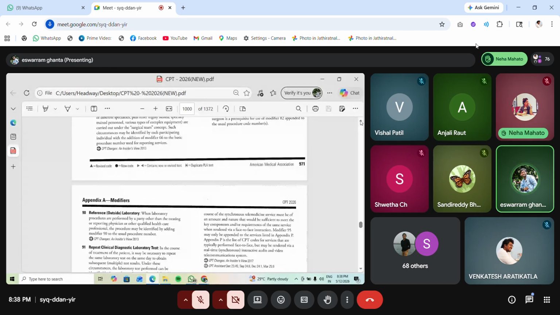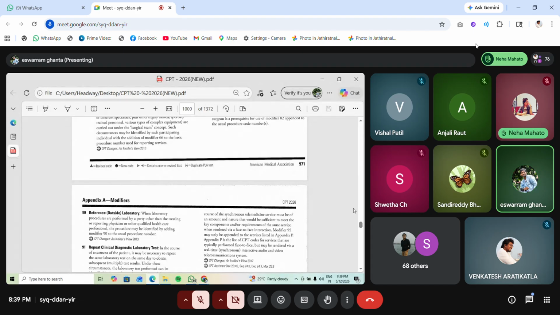Okay, let us discuss these two modifiers. This 73 modifier is for when the procedure has been cancelled before giving the anesthesia.